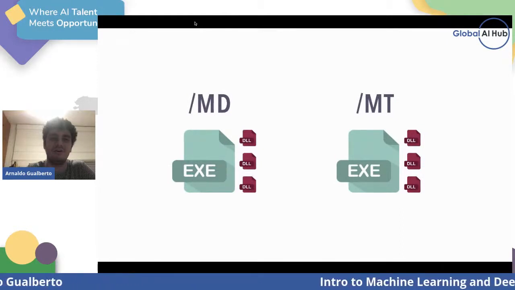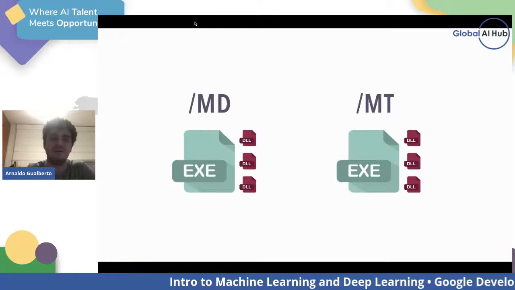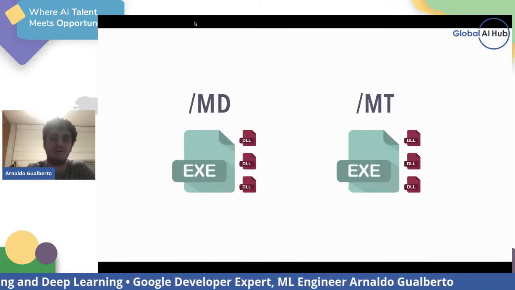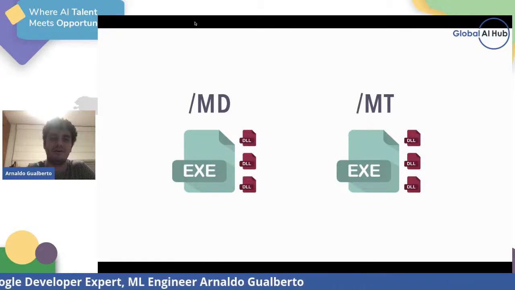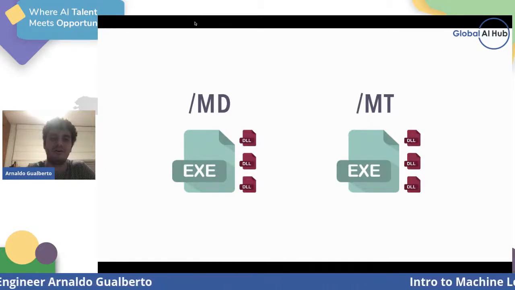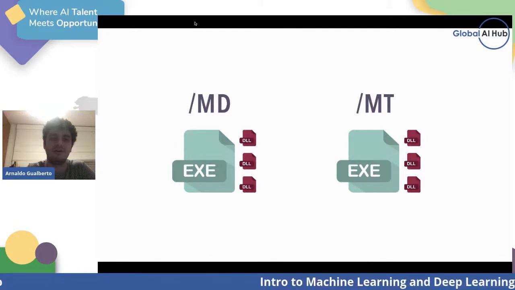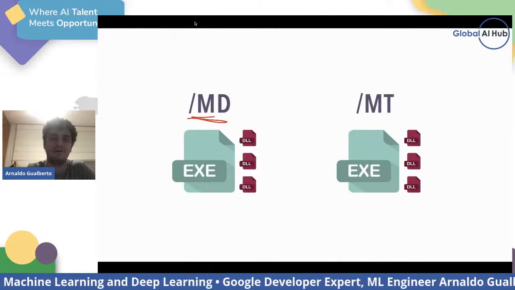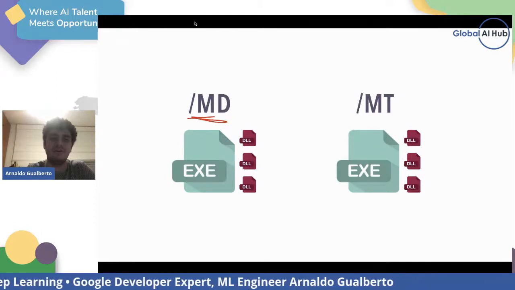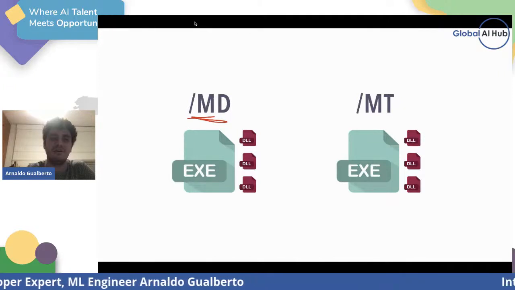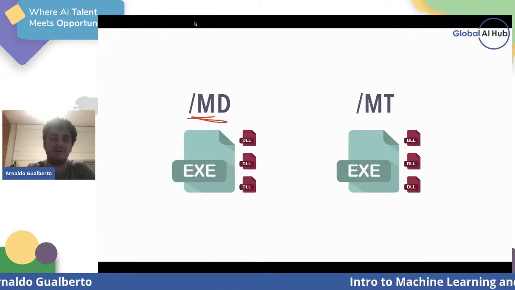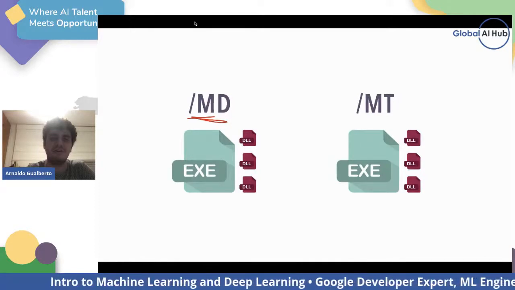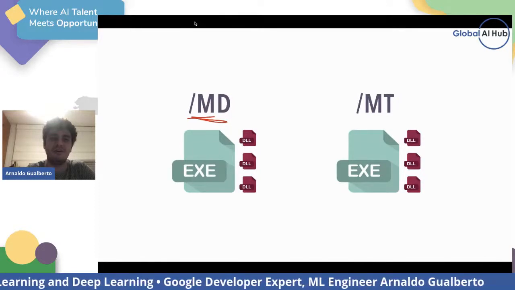Basically, when you build a C++ project and generate an executable file, you have two options. The first one is using -md. Imagine the following situation: I generate an executable file and I want to send this file to my friend so he can run it on his computer.